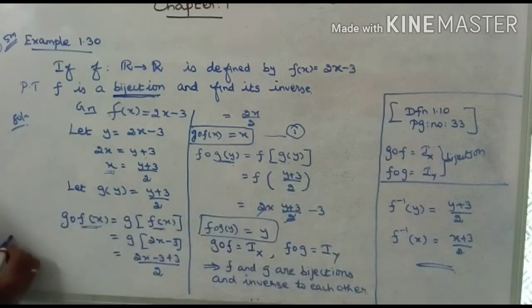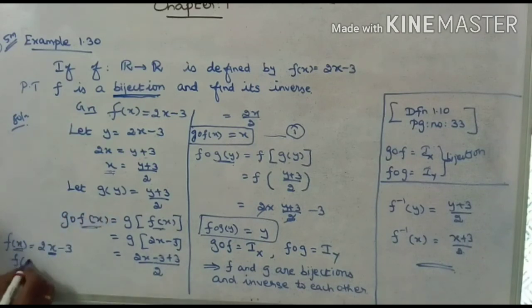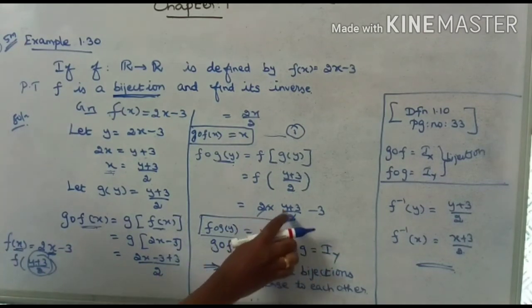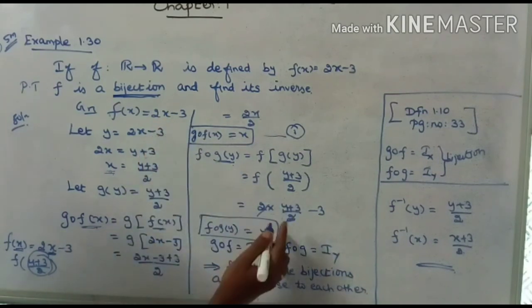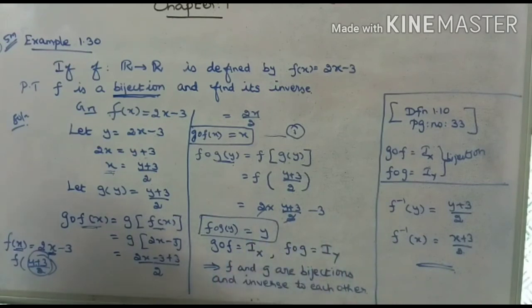But f of x is 2x minus 3, so here we get f of y plus 3 by 2. You substitute in this x place y plus 3 by 2. So 2 into y plus 3 by 2 minus 3. So 2 and 2 cancelled, plus 3 minus 3 also cancelled. The balance term is y.